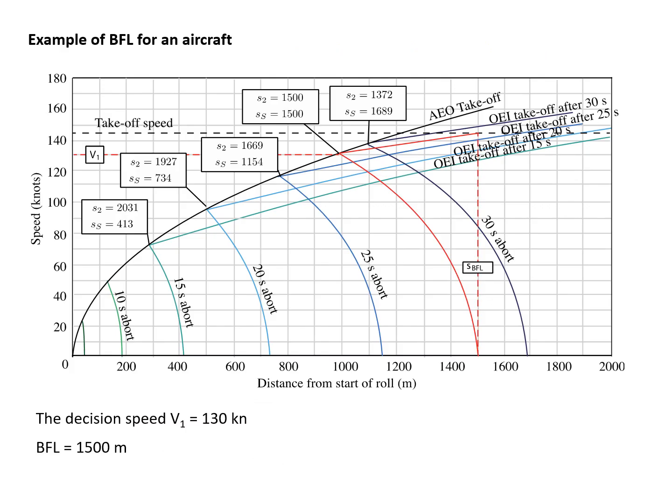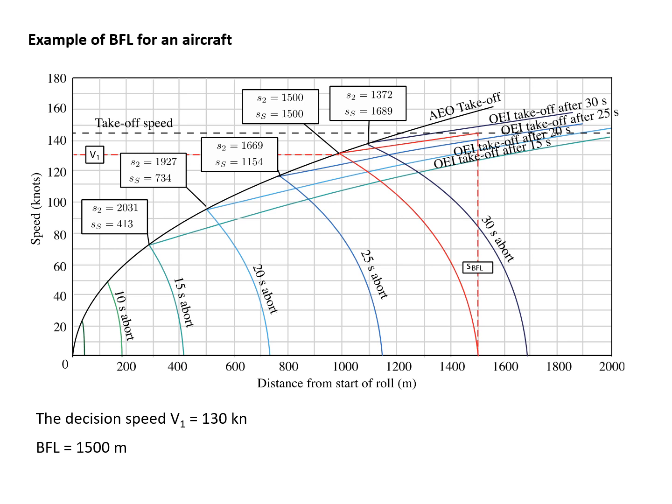This is the final slide in this lecture, and we need to know how to interpret this graph. This is a graph of speed against the distance from start of roll, and this diagram is used to recognize the balanced field length. The black curve on top is the all engine operative, AEO, takeoff. That's the normal or standard case.